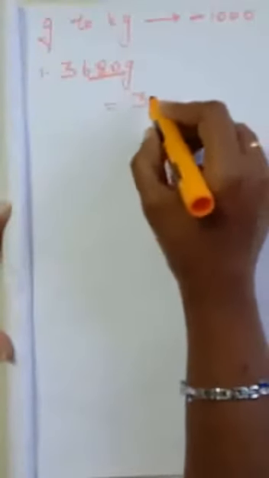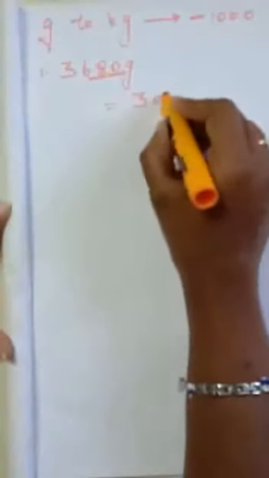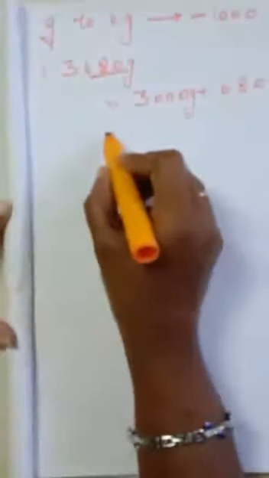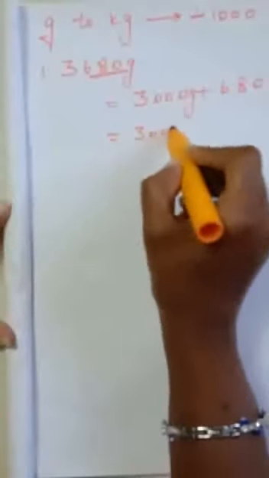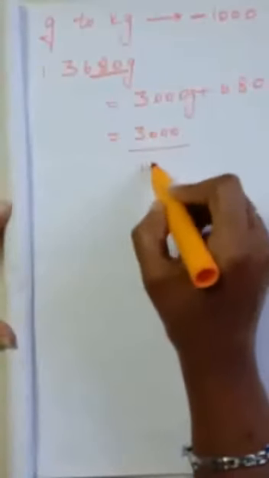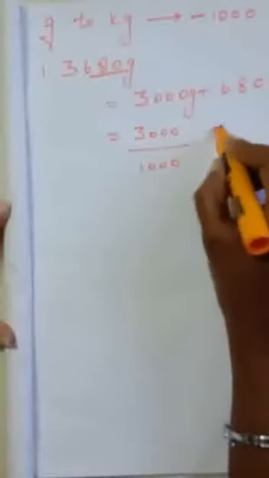3 is what? 3000, and another value is what? 680 gram. 3000 gram, 680 gram, isn't it? You have to divide that, I said, right? 3000 by 1000 plus this 680 gram. Okay?